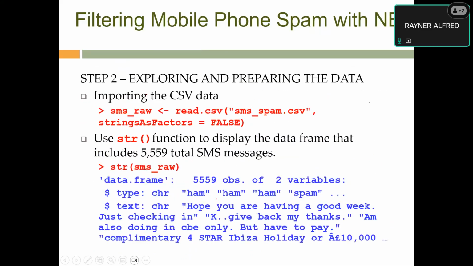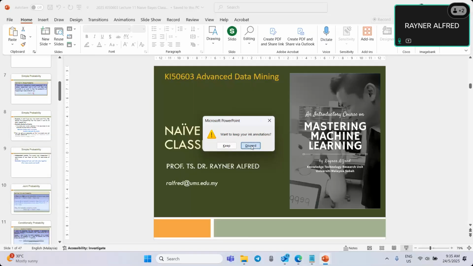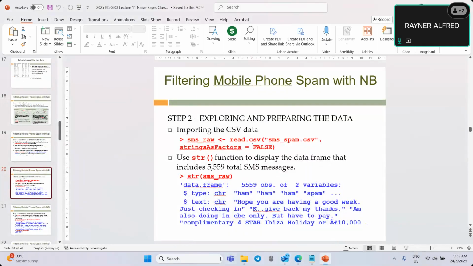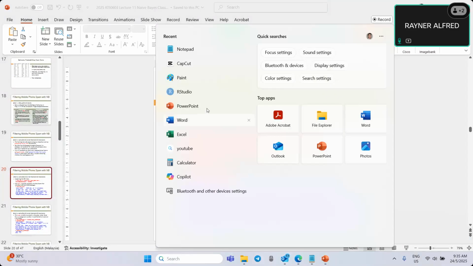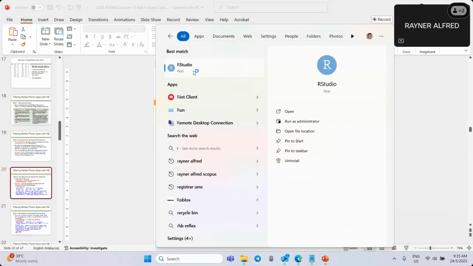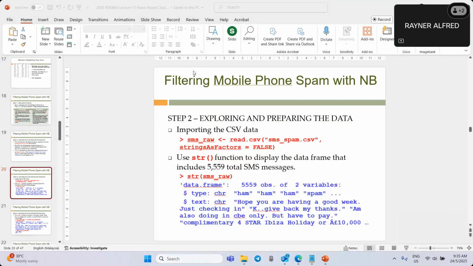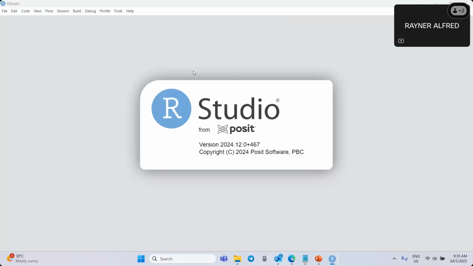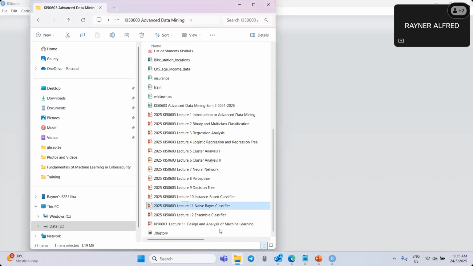Let me go to the R software. But I need to get the file first.